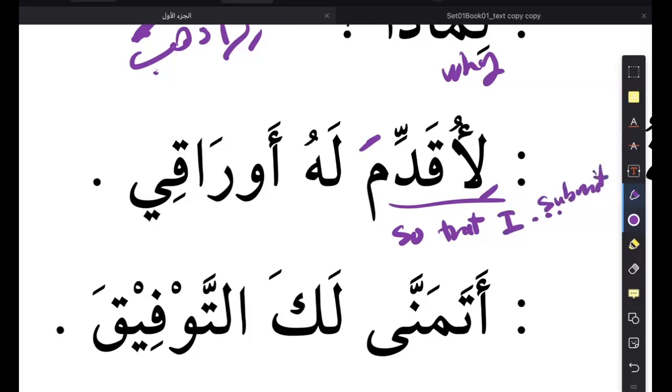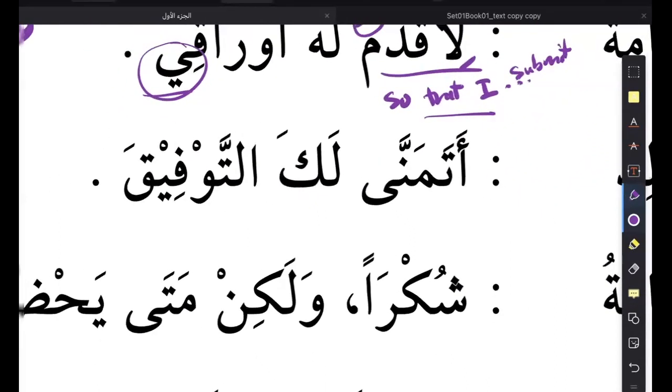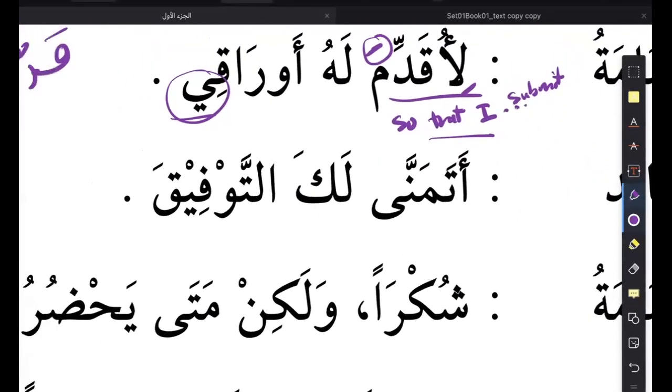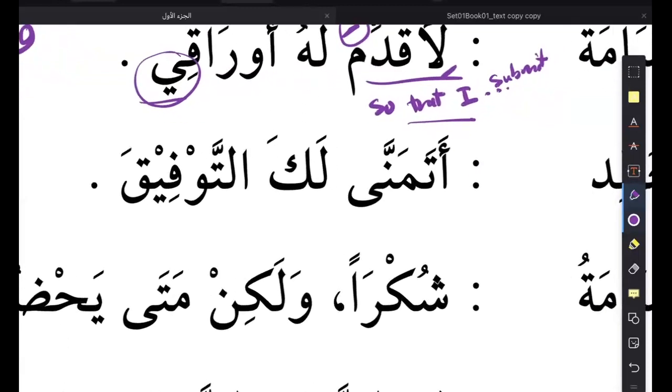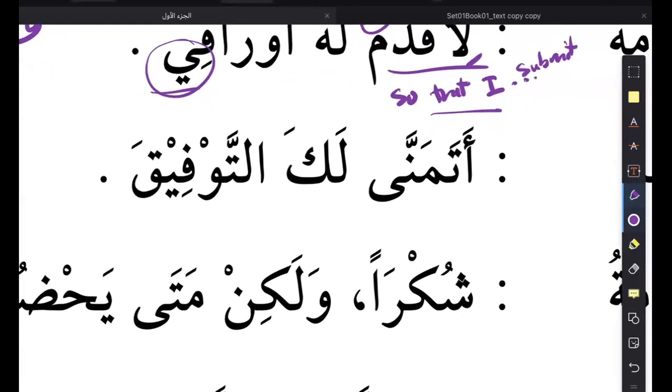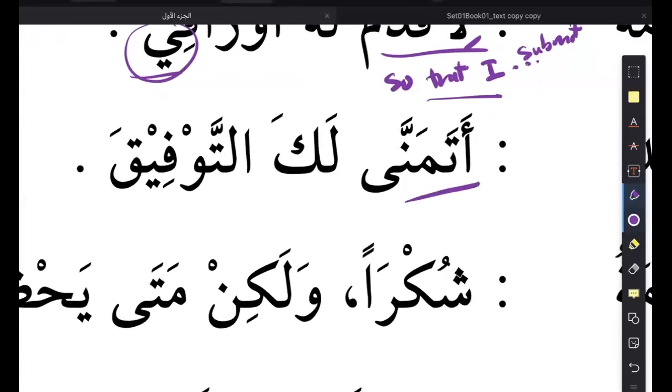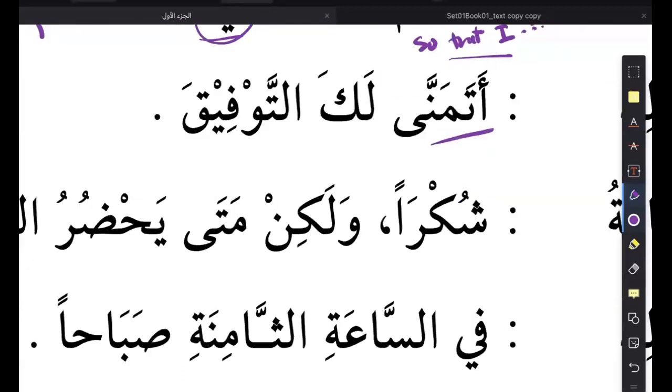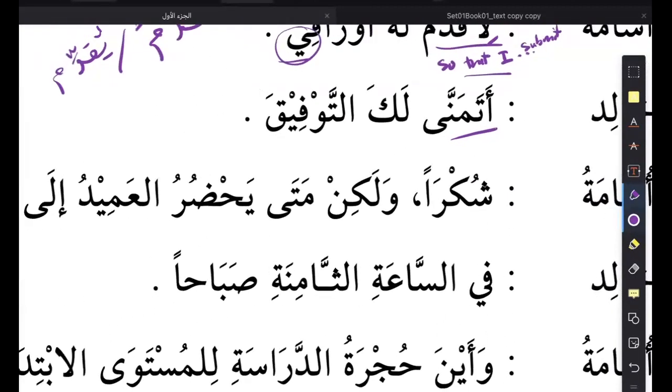Anytime you have that, the verb will get a fatha. I submit awraqi, my papers. Then he says, atamanna laka tawfiq, I hope for you success. Tawfiq is success. Atamanna, we had this verb before, is to hope. Then he says, shukran.